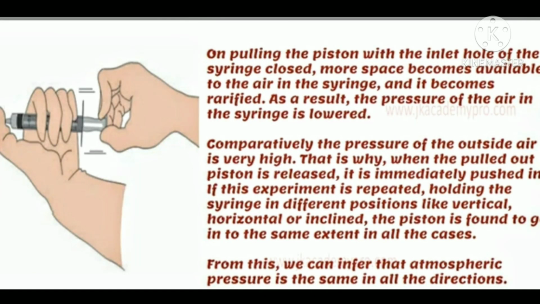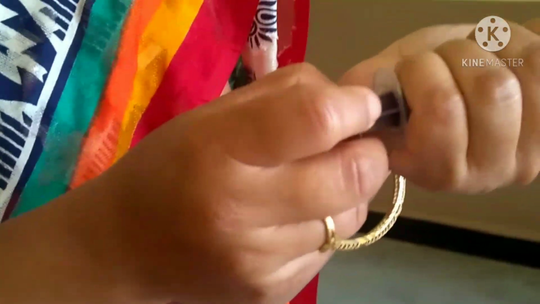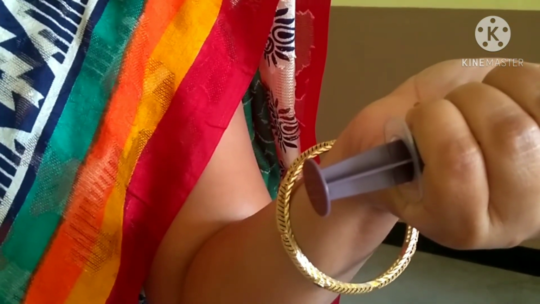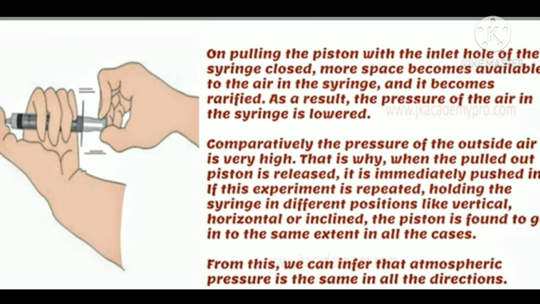Now, when pulling the piston with the inlet hole of the syringe closed, more space becomes available to the air in the syringe. So air has more space to move around and it becomes rarefied. Rarefied means it becomes less dense. As a result, the pressure of the air in the syringe is lowered.